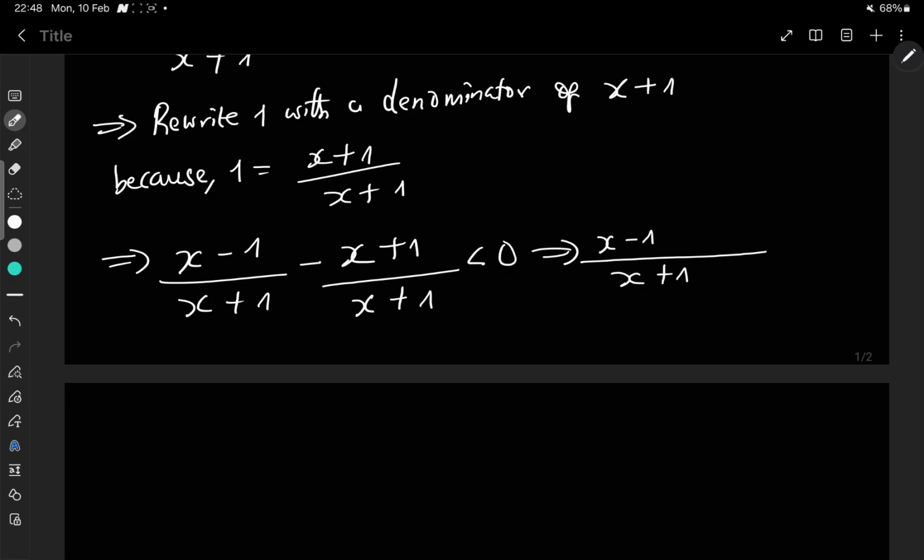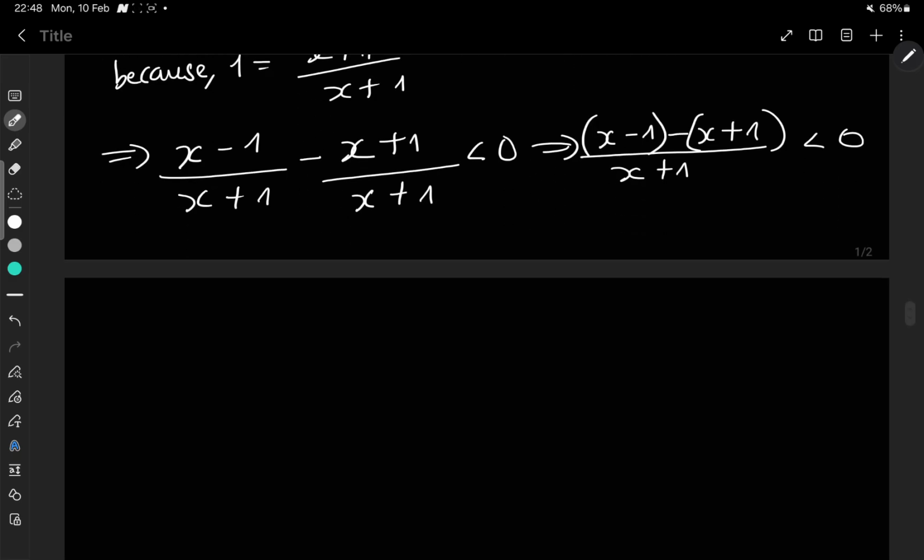So we have x minus 1 minus x plus 1, all over x plus 1, less than 0.